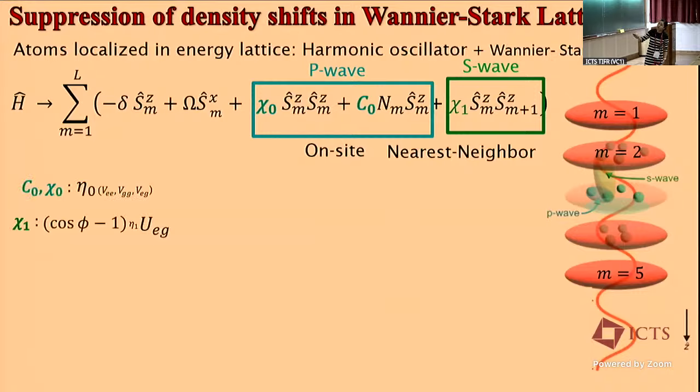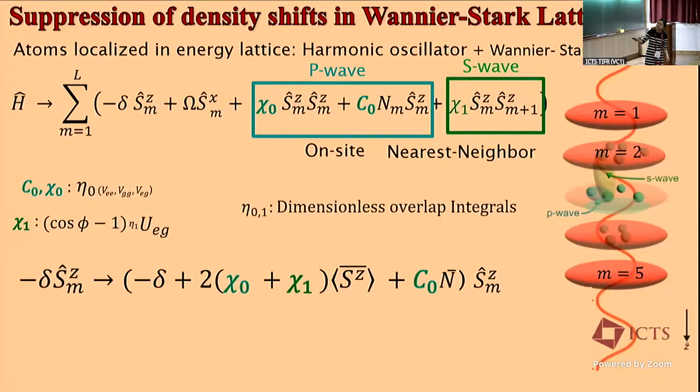The important part, however, is that between nearest-neighbor lattice sites we have very strong S-wave interactions, which I denote as U_eg, but the overlap between the wave functions is small because of gravity. So this compensates, and it can make the S-wave and the P-wave interactions of the same level.